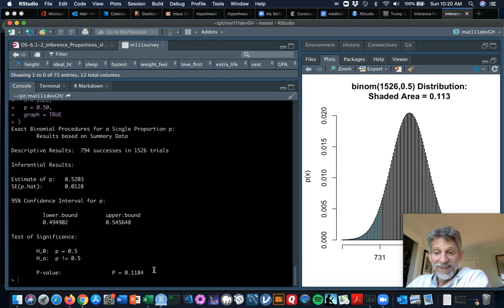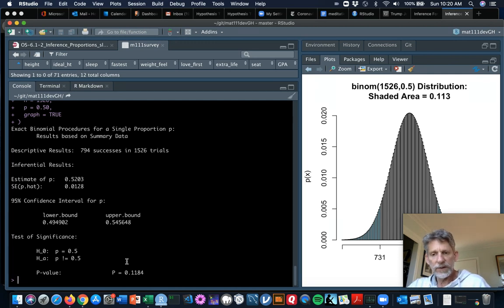That's not a terribly small chance. I'm a little suspicious that maybe p is really bigger than 0.5, but this p-value just isn't small enough to convince me. It's bigger than our cutoff of 0.05. So I wouldn't be rejecting the null hypothesis in this case.